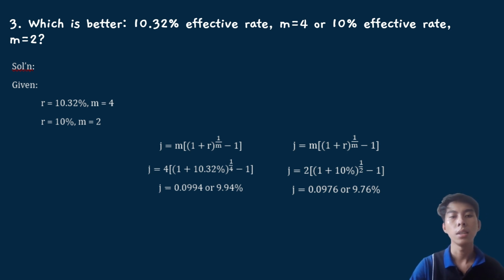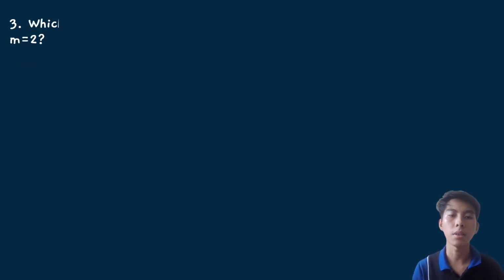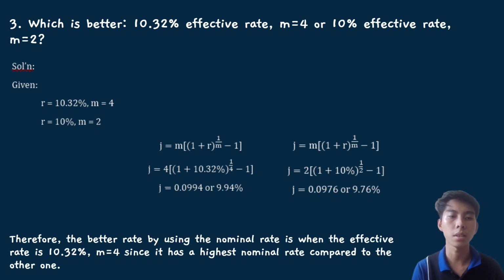As you can see, the greater nominal rate is when the effective rate is 10.32% and M is 4. So the better rate is the effective rate of 10.32% when M is 4, since it has a higher nominal rate compared to the other one.